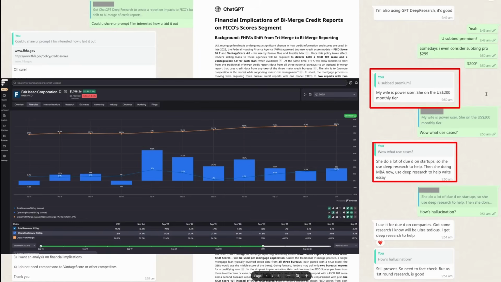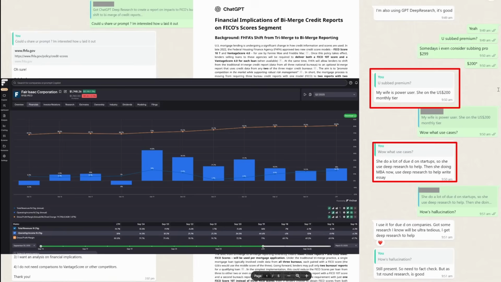So if you think about it, a deep research report takes maybe 5 to 15 minutes to generate. Whereas if you compare it to the old days, if you remember, we used to take like a few days or even like a week to slowly Google and read through the reports, past earnings, and we spend a lot of time doing all this research. So I think this feature just saves so much valuable time.